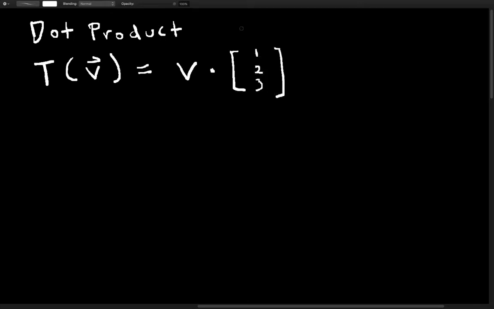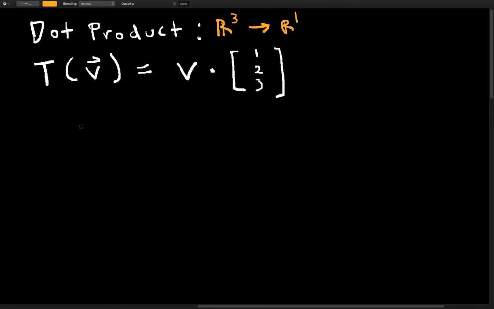So this is a transformation from R3 to R1, because the result of the dot product is just a scalar.